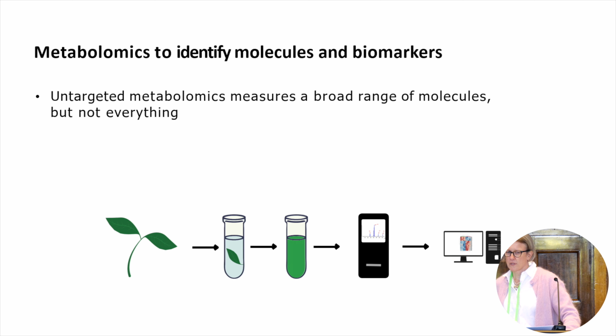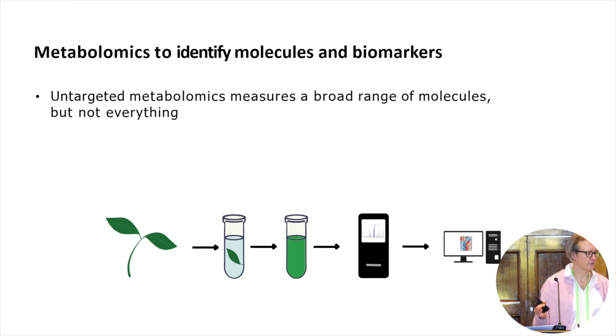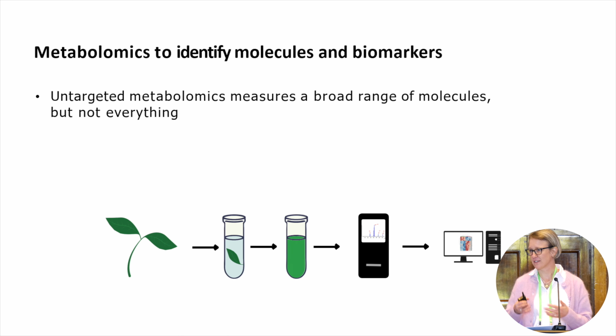The tool that we use is a process called untargeted metabolomics. It's like what some of the other speakers were talking about earlier in terms of transcriptomics, looking at all of the genes that are switched on inside the plant or inside the rust, but we're looking at that from a chemical perspective.